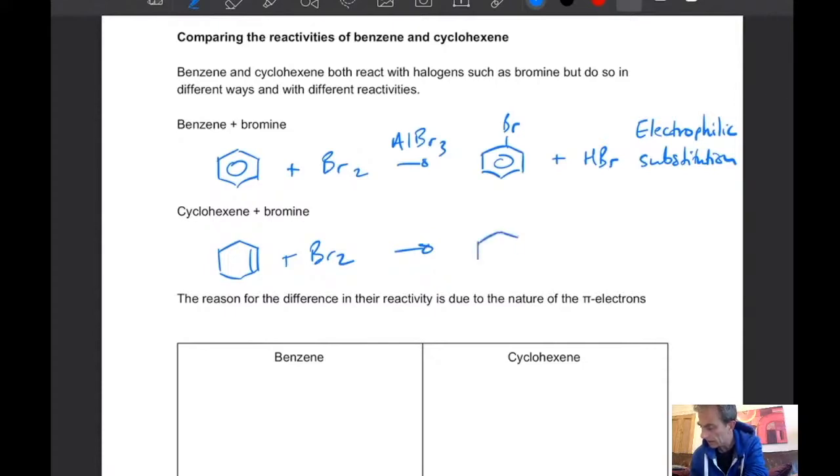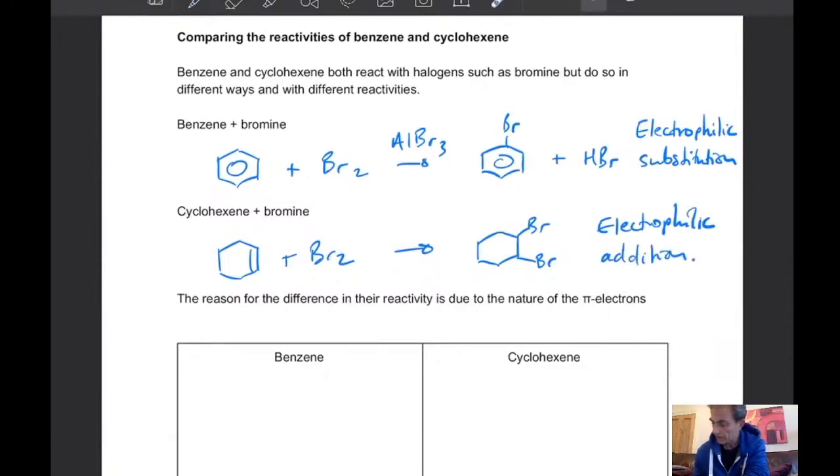We're just going to get the two bromines adding across the double bond there. So this is an example of, it's still electrophilic, but now it's addition. So straight away you can see some differences.